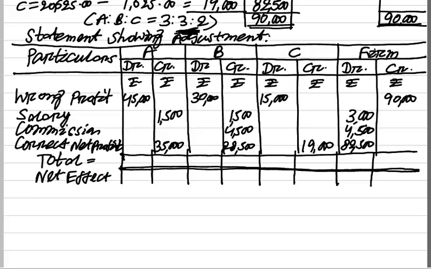This is 45,000, 36,500, 30,000, 34,500, 15,000, 19,000, 90,000, 90,000.